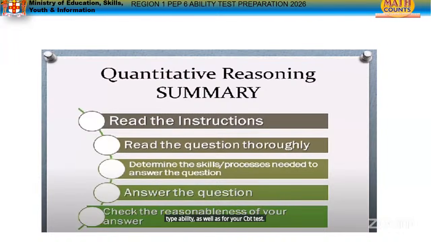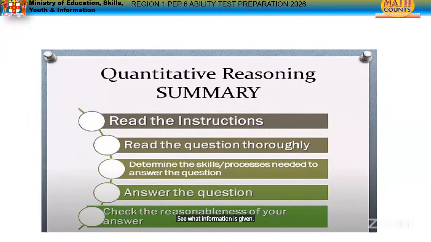Please ensure that you read the instructions carefully. Read your questions more than once to find out the information given. That's why we say read the question thoroughly. Having read the question thoroughly, see what information is given.